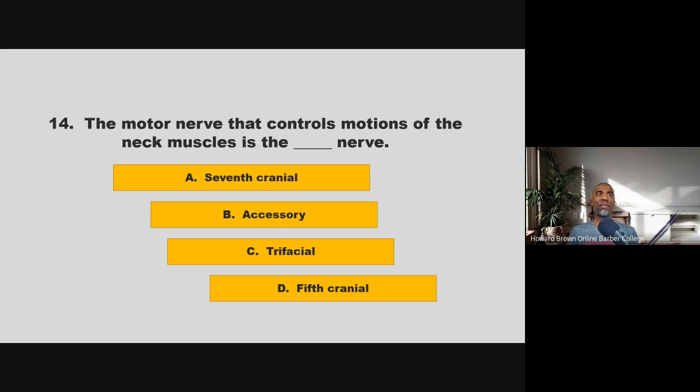The motor nerve that controls motions of the neck muscles is the blank nerve. Is it 7th cranial, accessory, trifacial, or 5th cranial? If you chose B, accessory, you are correct.